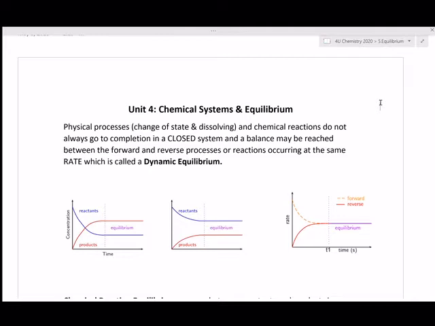And when we're at dynamic equilibrium, which is what we often call it, the word dynamic means things actually are always changing.